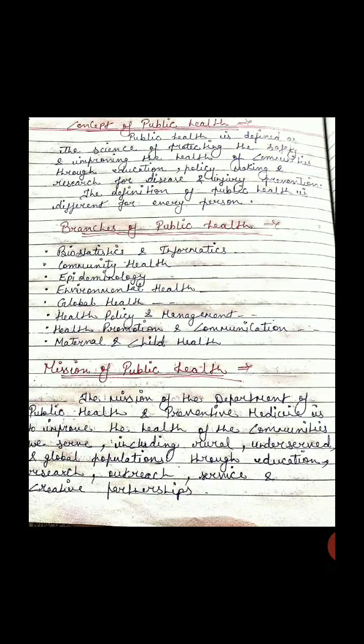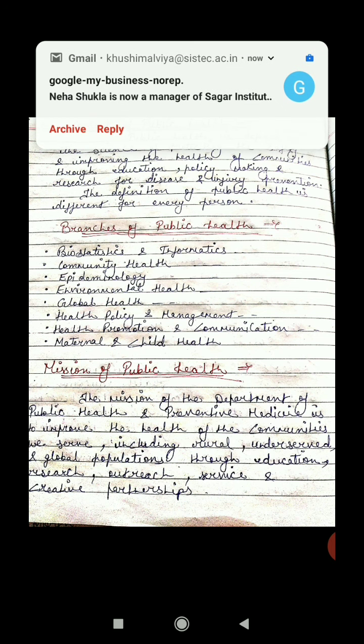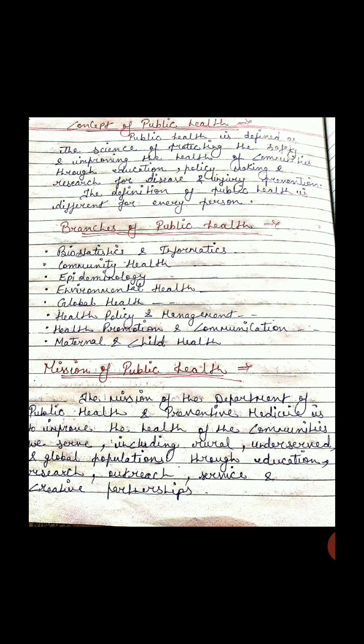Now we talk about the concept of public health. Public health is defined as the science of protecting the safety and improving the health of communities through education, policy making, and research for disease and injury prevention. The definition of public health is different for every person.